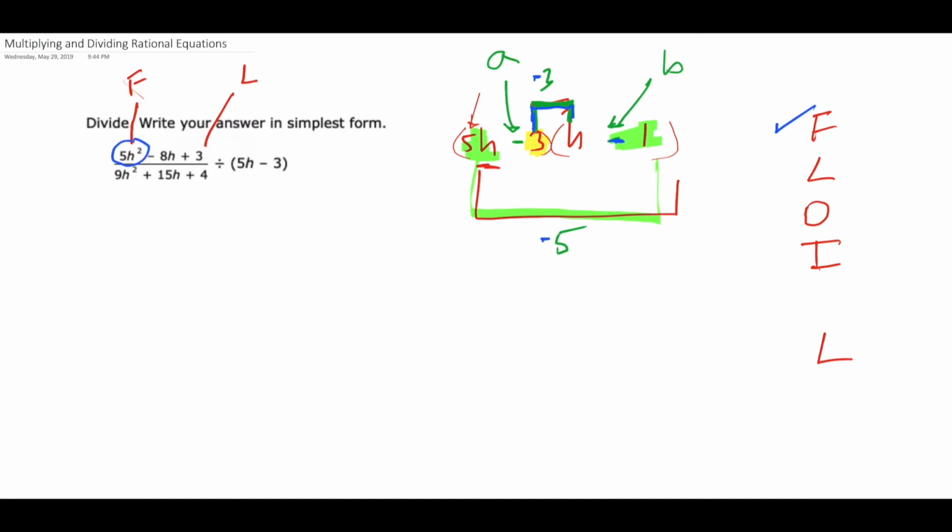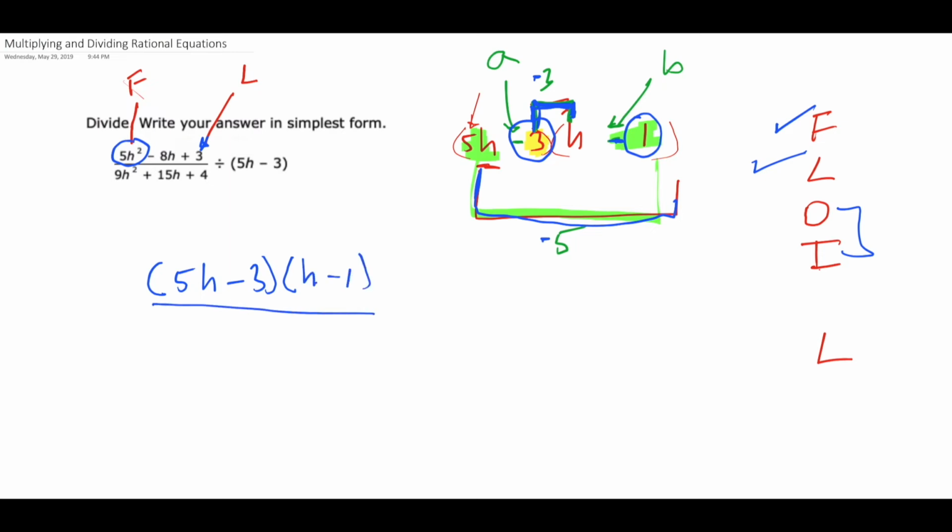We did our lasts, the 3 and the 1, to give us this one right here. And then the outside plus the inside: you multiply them, but then you add or subtract those answers to give us 8. You with me? All right, so we have 5h minus 3, h minus 1 over.